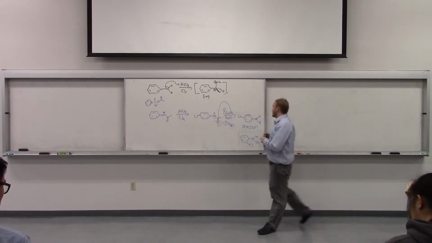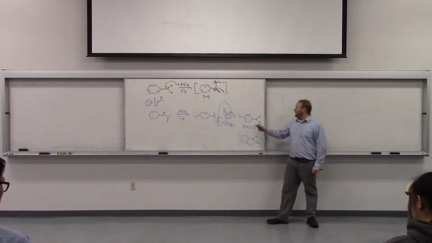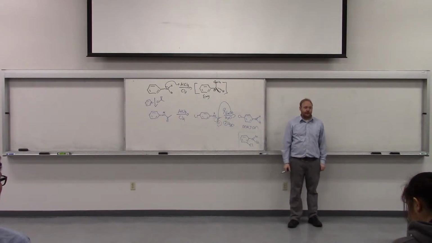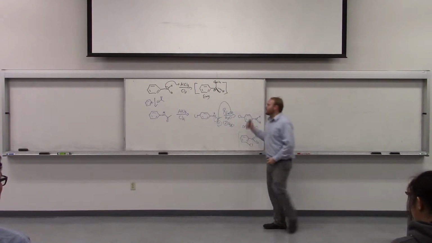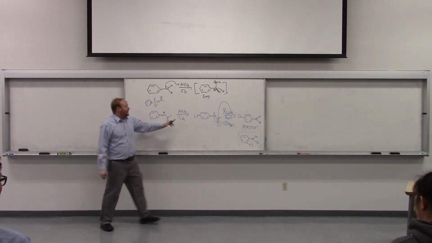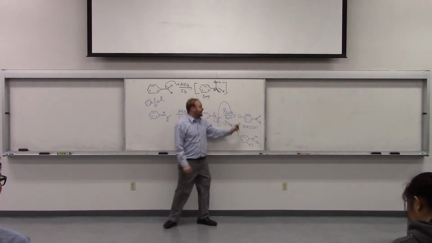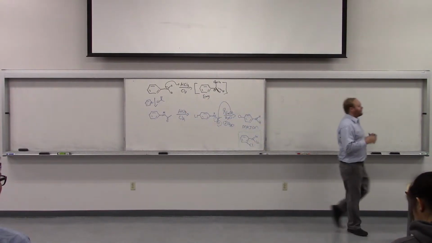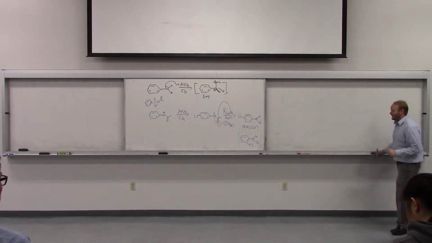Eventually, base and water will clip off our acetyl group or acetate and give us our product back. So in the case of anilines, we have to do this trick where we make the amide, do the chemistry, and then take the acetyl group off using base and water. The base and water mechanism will make sense in chapter 17.